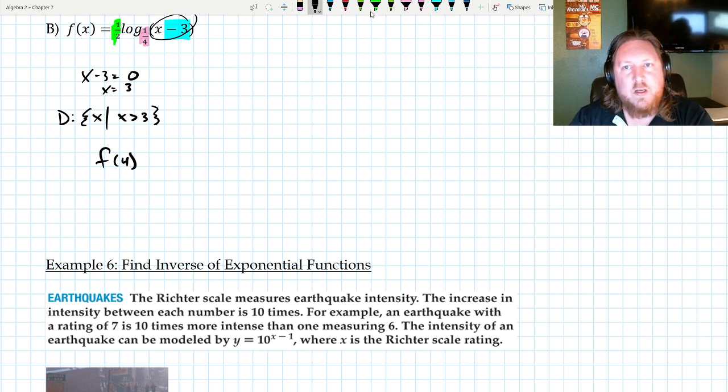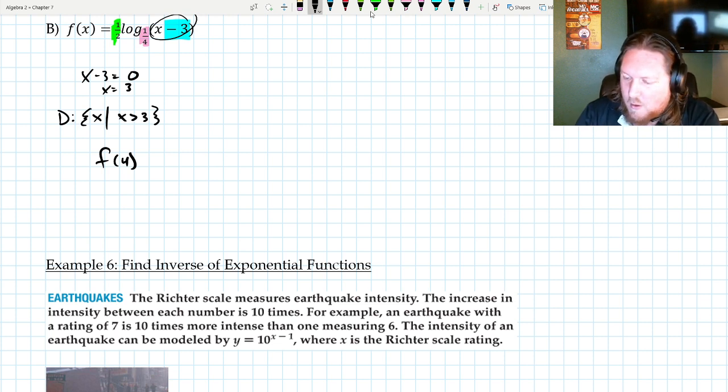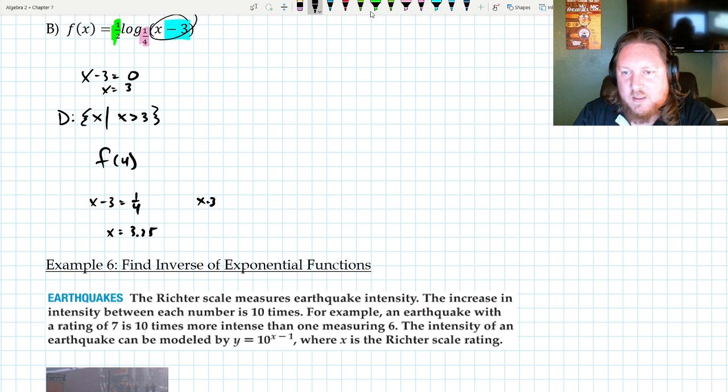I'm also going to plug in the base value. I want x minus 3 to equal the base value, which means it's going to be x equals 3.25. And I also want x minus 3 to equal the reciprocal of the base, which is 4, so x equals 7. So those are my 3 numbers I'm going to plug in.